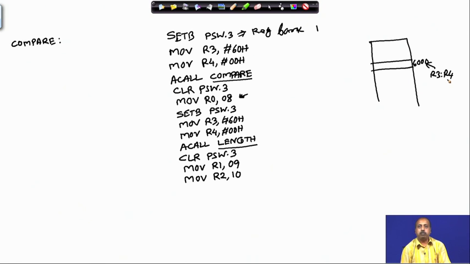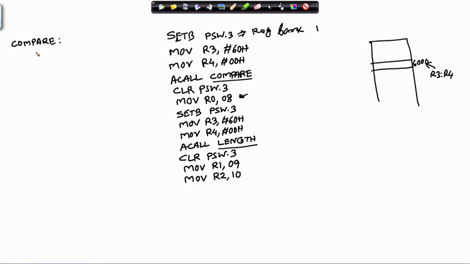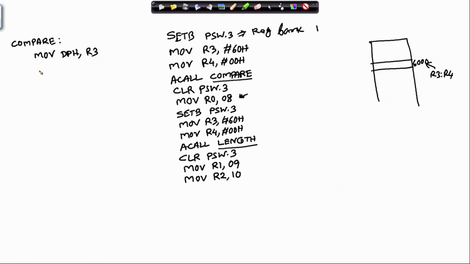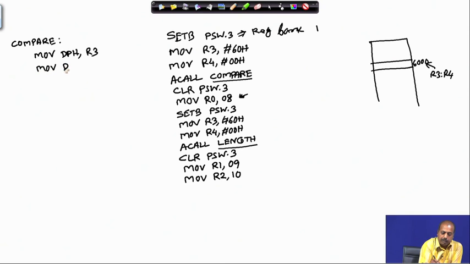So, these R3 R4 values should be moved to the DPH and DPL registers, so that I can use DPTR for accessing individual memory locations. So, we move DPH, R3, so that 60 comes to DPH, and move DPL, R4. So, we have got this 6000 in the DPTR register, and we also save R3 and R4 in two registers R5 and R6, as they may otherwise be required.